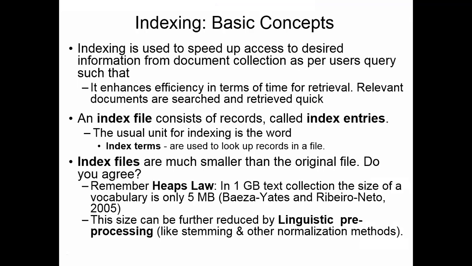So just by identifying only distinct words, we can compress the total number of words from 1 GB to 5 megabytes. So immediately the memory space requirement is also reduced.